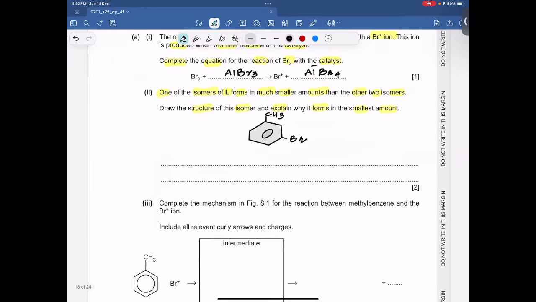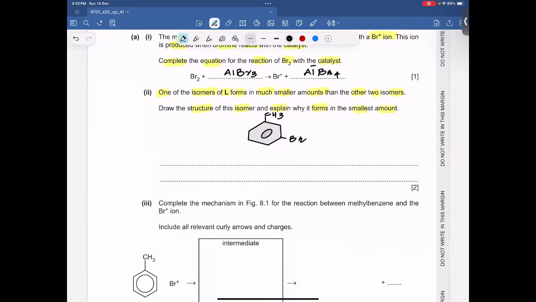Why does this isomer have to be in the lowest yield? Because CH3 is an ortho-para directing group.